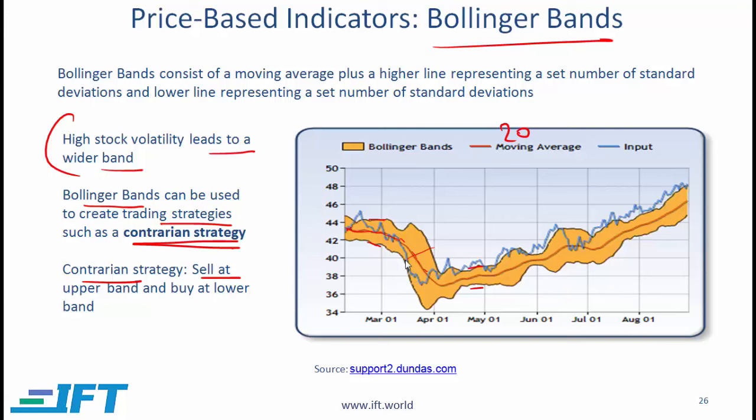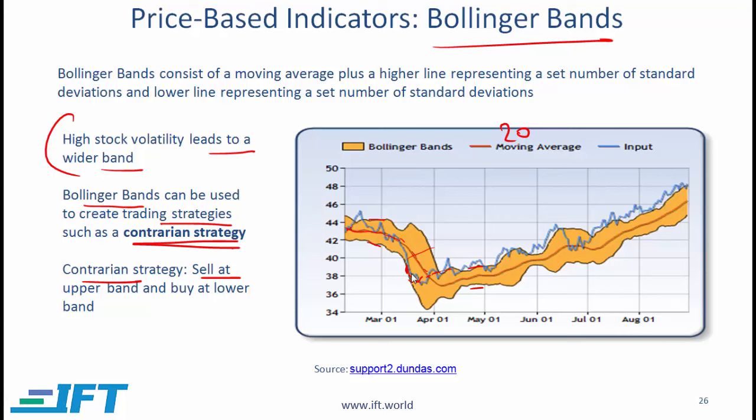So notice when the stock price comes near the lower band, what this is basically saying is that the stock price is relatively low compared to the moving average, and this is a sign that we should buy. When the stock price hits the lower band, that probably means that most people in the market have sold.